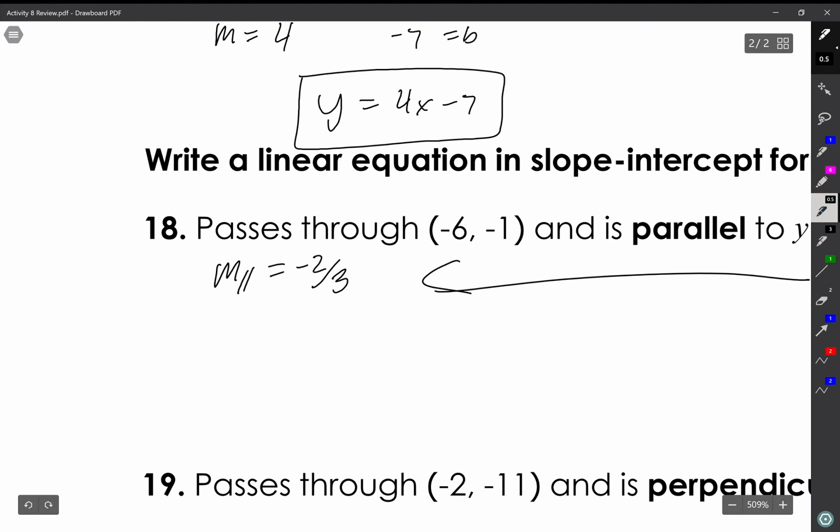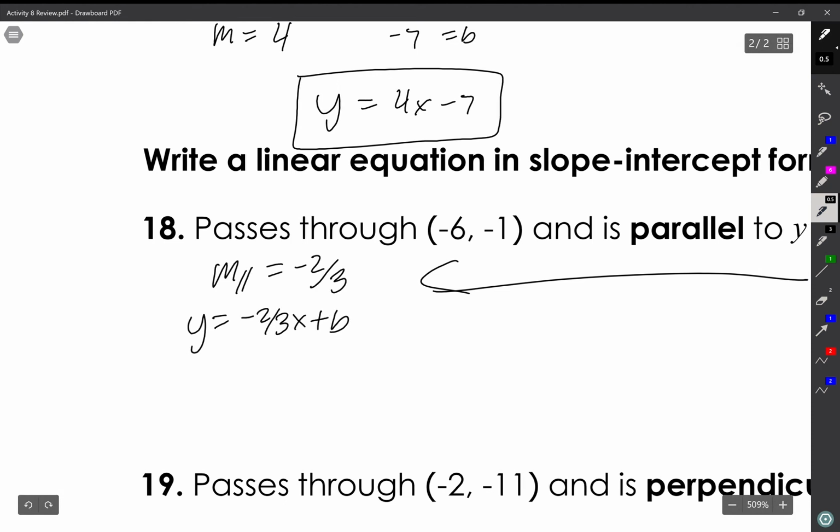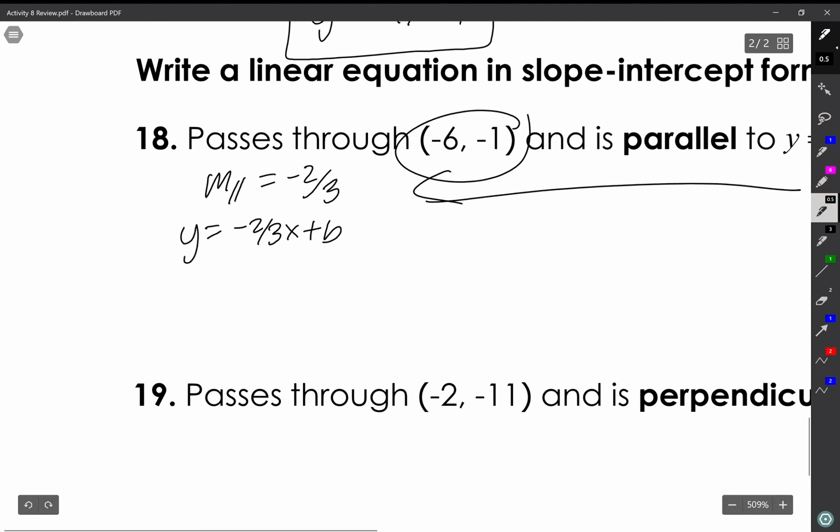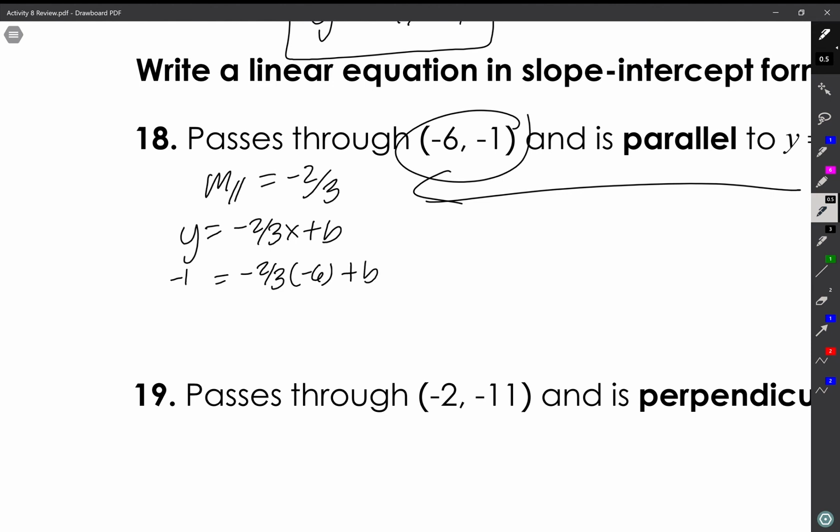So I have my slope now. Now my next step is going to be to find b, of course. So I guess plug it into slope-intercept form. We get y is equal to -2/3 x plus b. My point I want to use to find b is (6, -1). Plug that into our equation we have so far to get -1 is equal to -2/3 times 6 plus b. -2/3 times 6 is going to equal -4.